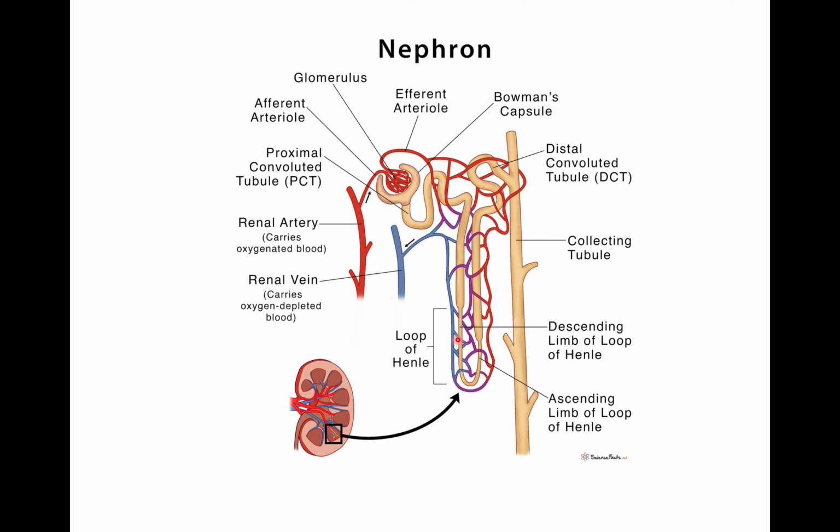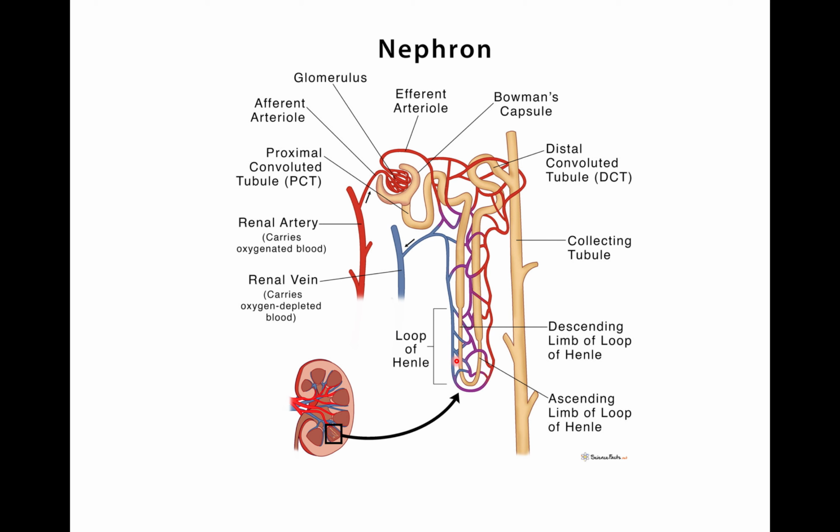Now, what is the difference between the descending and the ascending limb of Henle's loop? The descending limb is very thin, but the ascending is thick. In descending, the direction of fluid flow is downward, but in the ascending limb, the direction of fluid flow is upward. The descending limb is permeable to water, the ascending is impermeable to water.